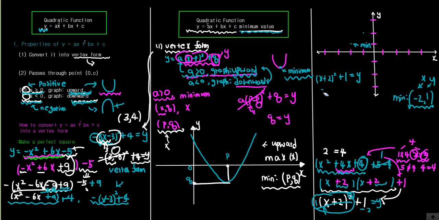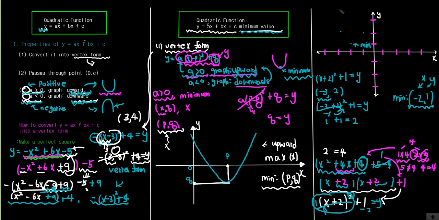So this time, let's input a value of -3. If you input -3, we get -3 plus 2 squared plus 1 equals y. Then this term turns to -1, but squared turns into 1, plus 1 turns into positive 2. So if you input -3, we get positive 2. -3, 2, right over here.